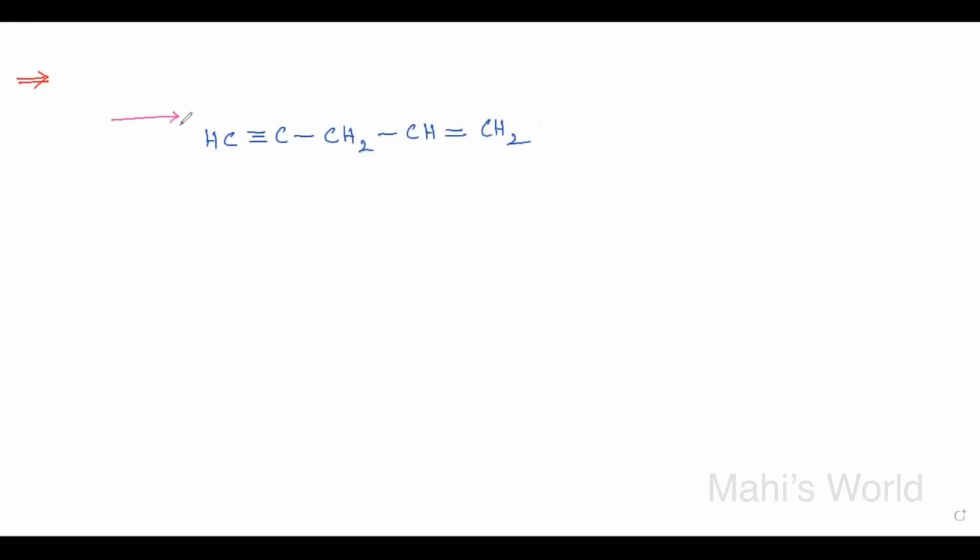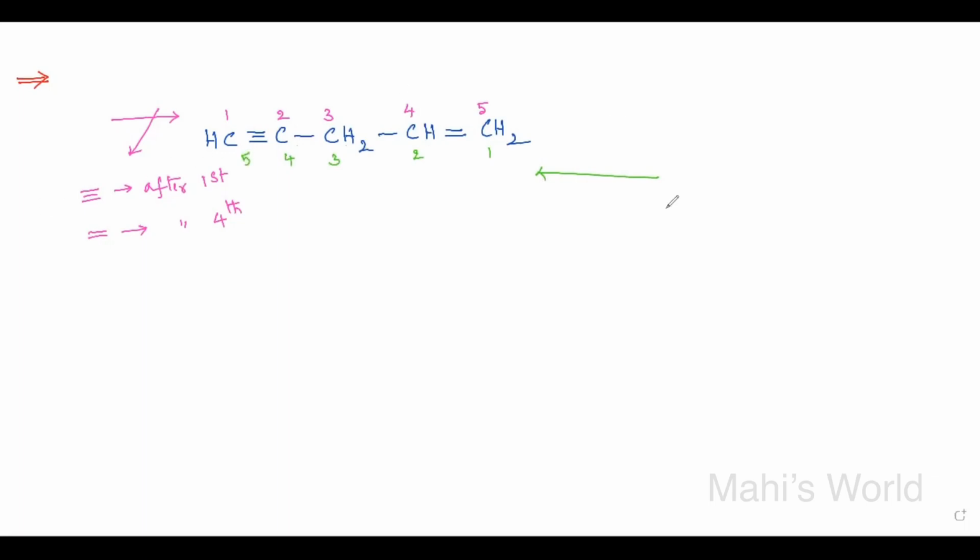See, if numbering is done from this end, let us check both. In this case, the triple bond is after the first carbon, and the double bond is after the fourth carbon. Let us just keep it aside. And let us give numbering from the other end also to check. 1, 2, 3, 4, then 5.